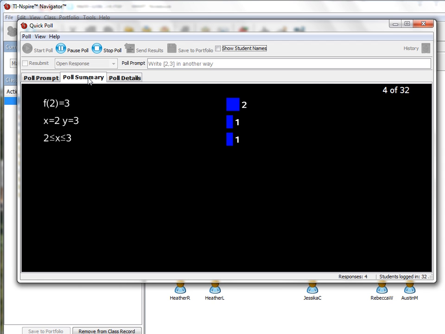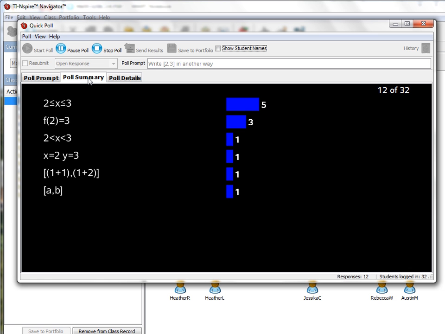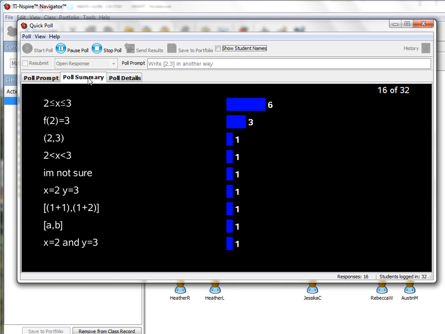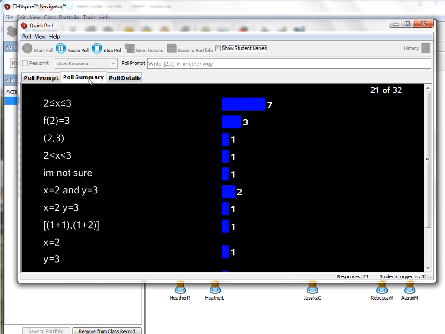Okay, I've got one right answer so far. Two right answers so far. Three. Got four right answers. Got five. Six. Got a few more people to come in.